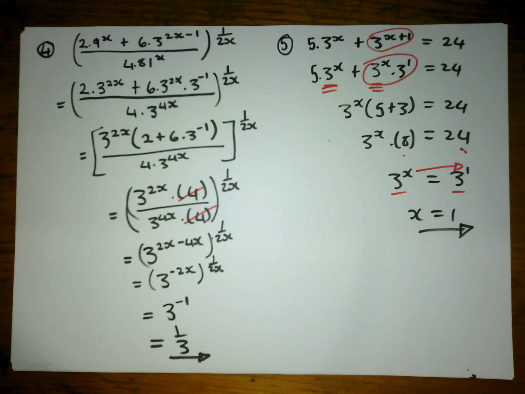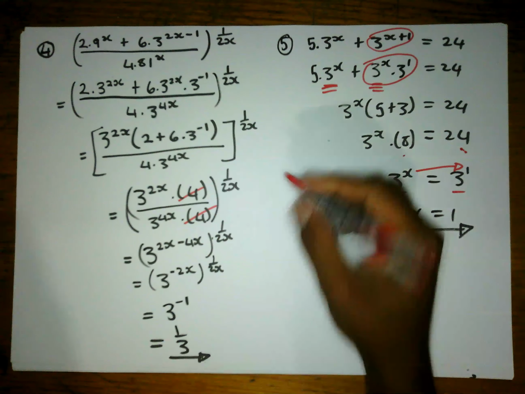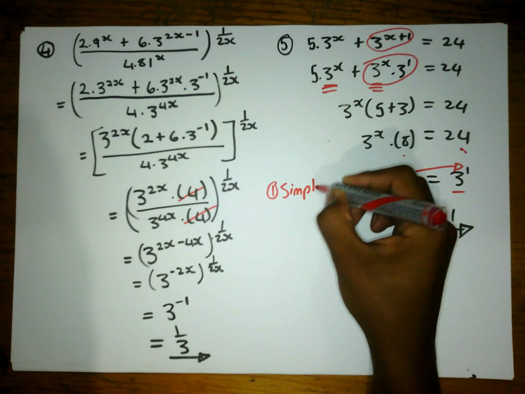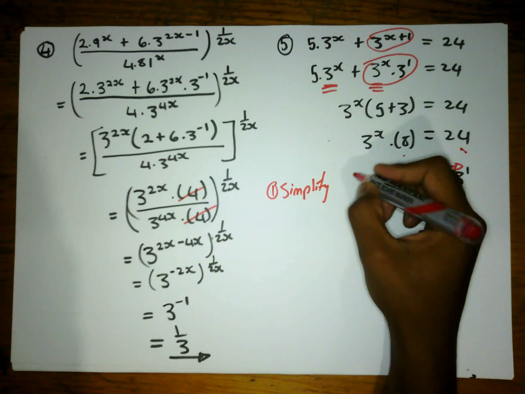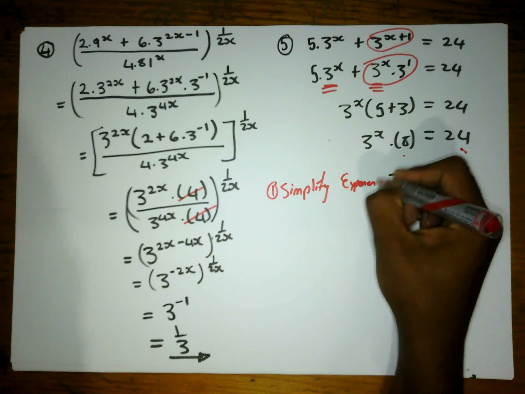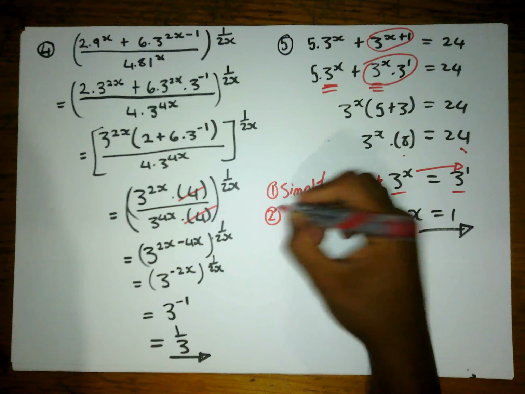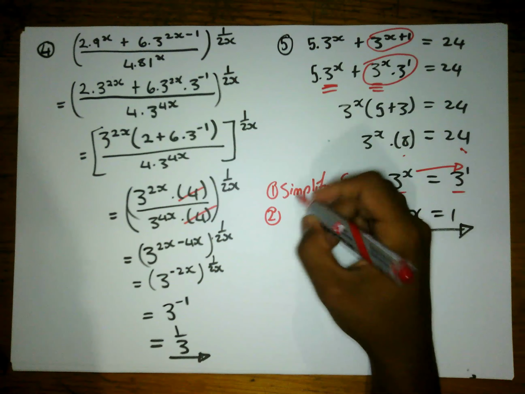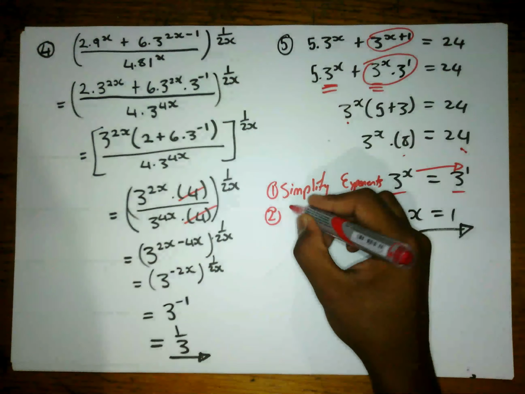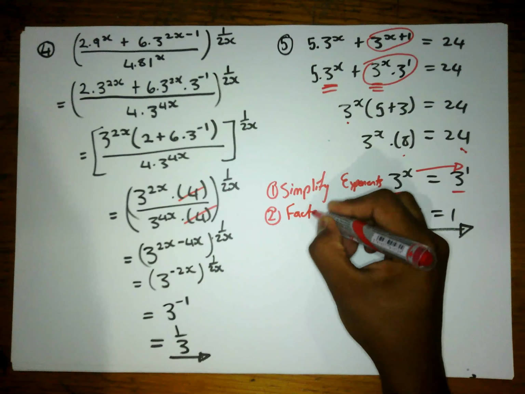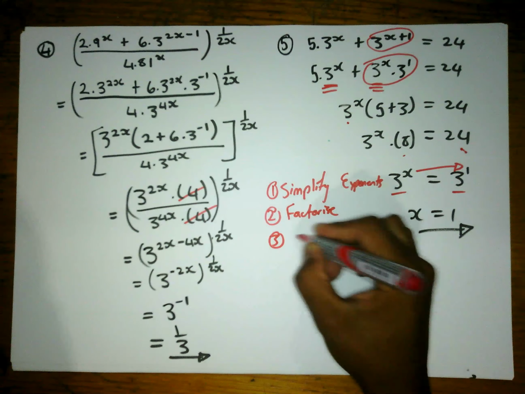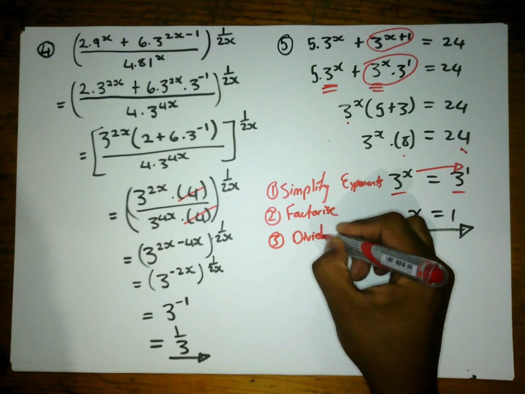Simplifying, let's call it that. Simplify exponents. Number 2 is to factorize. Then divide.